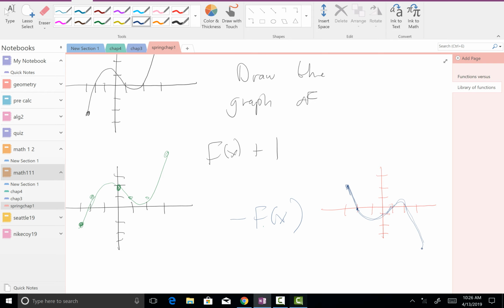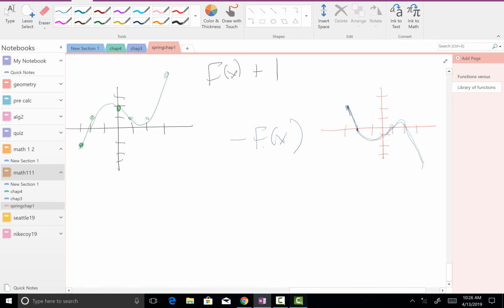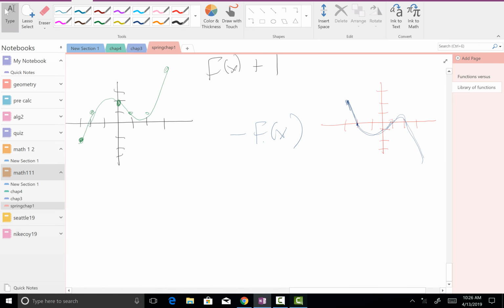How are you doing with that? We got that pretty well? Okay. It's going to get harder a little bit. Let's do this now. Let's say I have 2 f of x minus 1, like that. Now I have 2 of them at a time. So you say, well, how is that any harder? Well, because what do we do first?